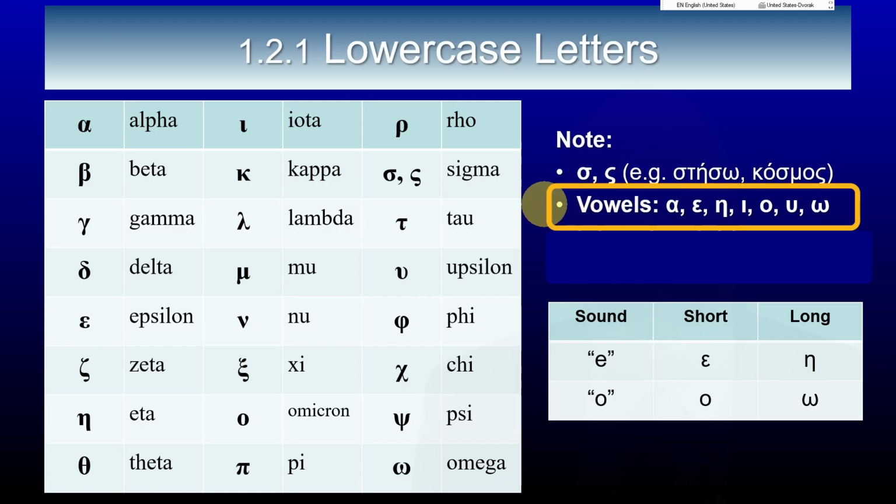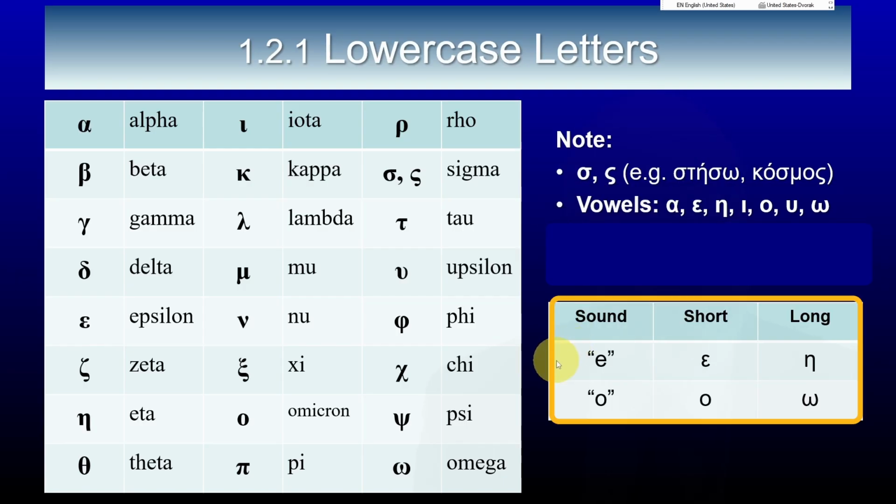Now, like English, Greek distinguishes between consonants and vowels. The English vowels are A, E, I, O, and U, 5. The Greek has 7 vowels. And this is because Greek has separate vowel letters for a short E sound and a long E sound, and a short O sound and a long O sound.